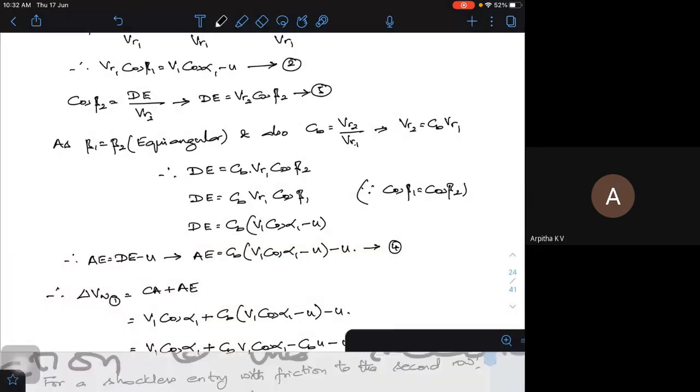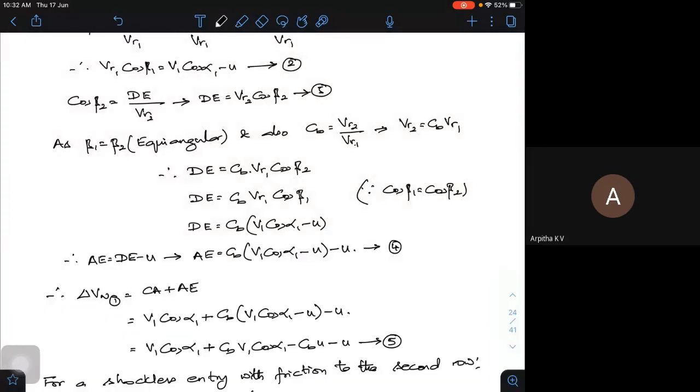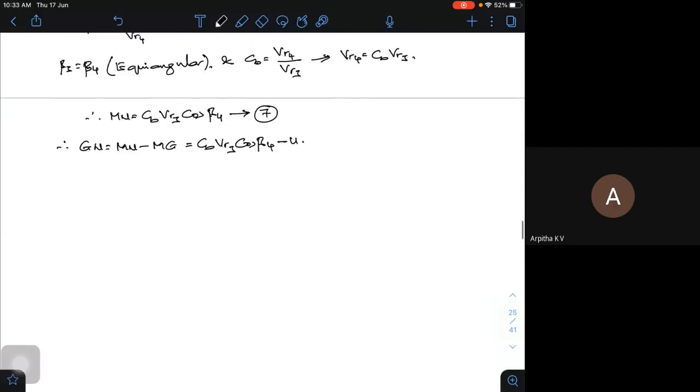Then VR3 cos beta 3, I can write it as maybe V3 cos alpha 2 minus U, just similar to that. Because cos beta 3 is equal to cos beta 4, I can write this as CB into VR3 into cos beta 3 minus U. So I got this expression.